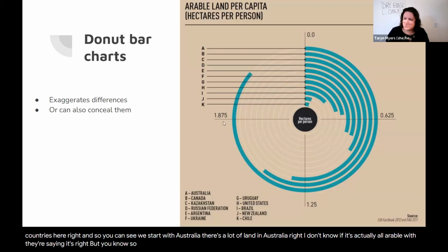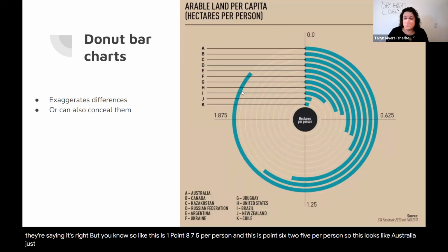But, you know, this is 1.875 per person, and this is 0.625 per person. So this looks like Australia just has a crazy amount more land, when really it's maybe double what's available for other people, right?